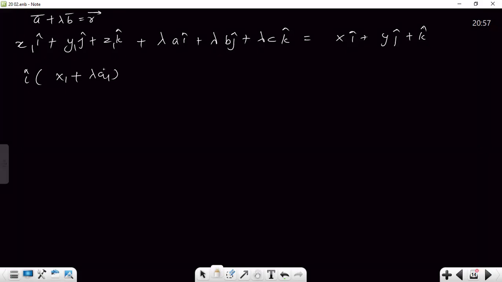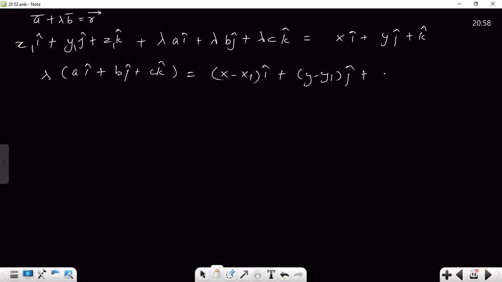Or let's do one thing: let's keep everything with lambda on the left-hand side and bring everything other than lambda onto the right-hand side. So lambda times (a i cap plus b j cap plus c k cap) is equal to (x minus x1) i cap plus (y minus y1) j cap plus (z minus z1) k cap.